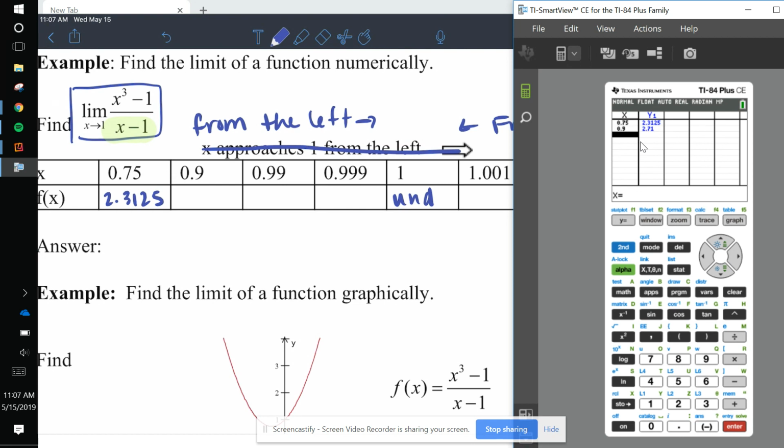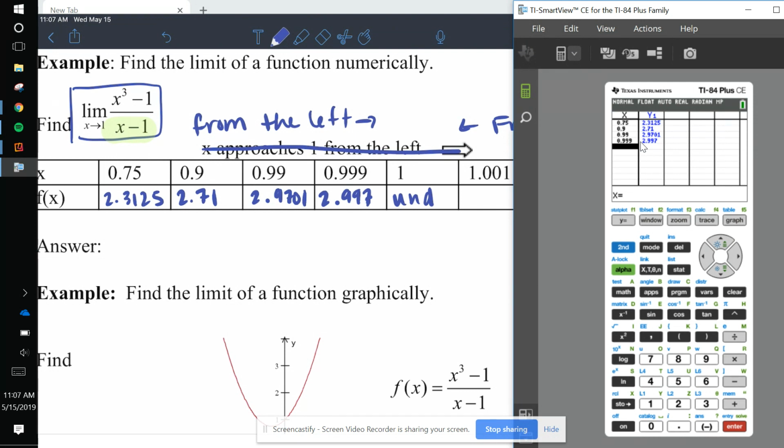We get 2.71. Then 0.99 gives 2.9701, and 0.999 gives 2.997. Okay, so from the left, those are the values that I'm getting.